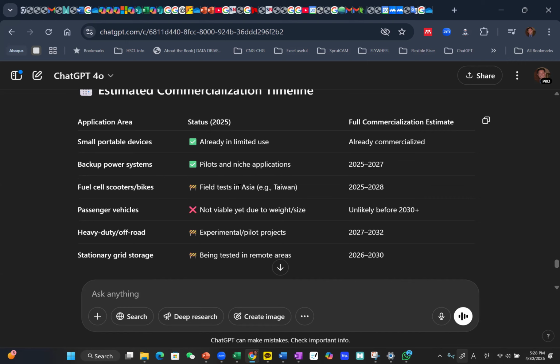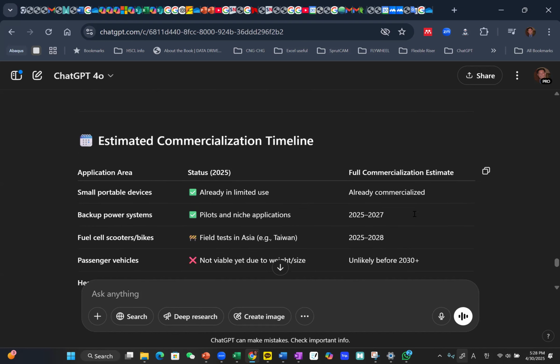The passenger vehicle is not developed yet in 2025, this year, not viable yet due to weight. It's going to be too heavy, too big. So unlikely before 2030.